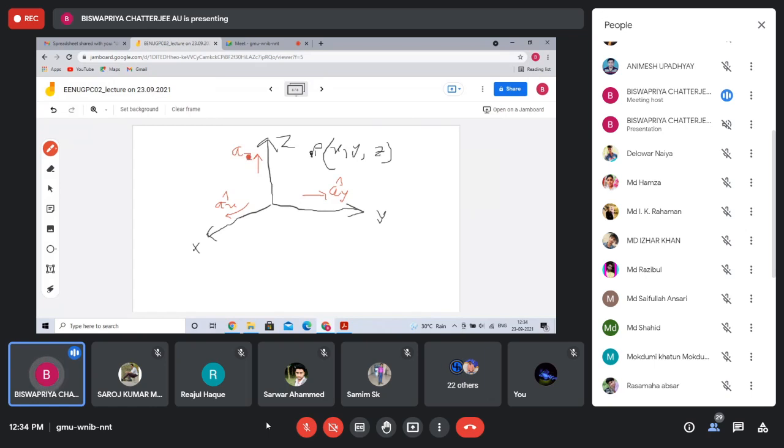Now the right-handed system means if you rotate the A X vector towards the A Y vector, this is a cross product, right?